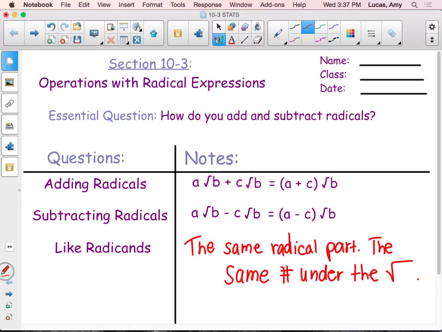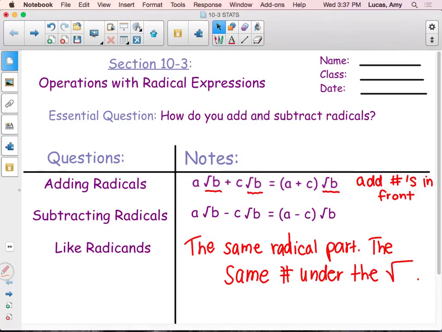So on the adding radicals, you notice that it says a times the square root of b plus c times the square root of b equals a plus c times the square root of b. So you add the numbers in front. As long as the square root part is the same, you add the coefficient numbers, just like when we work with like terms.